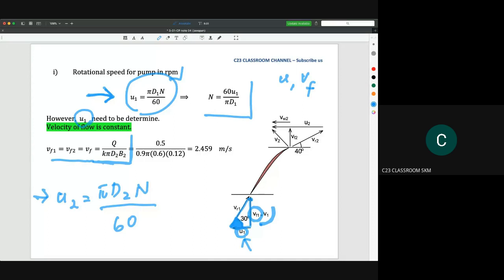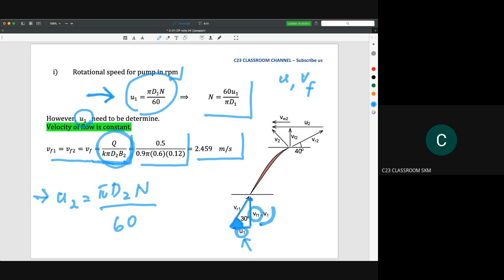Another equation is actually developed from your velocity triangle. So VF is equal to Q over K pi D2 B2. Then you can substitute all the values here, and you get VF equal to 2.459 meter per second. Okay, this calculation is at outlet.